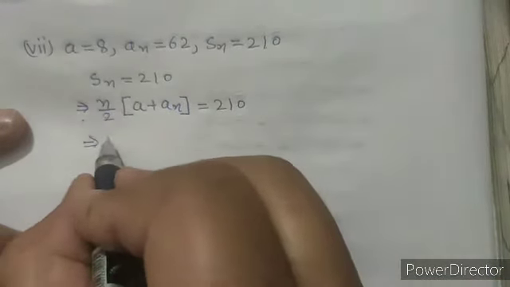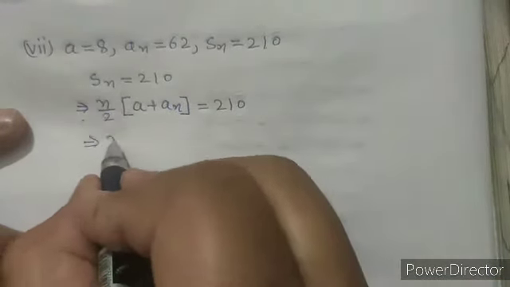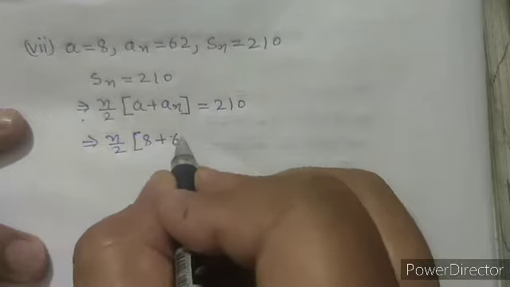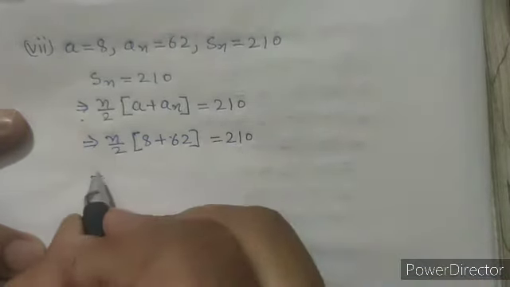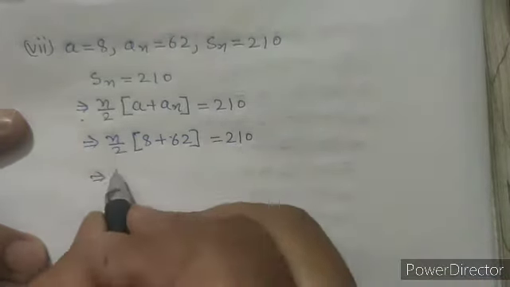Now n upon 2 (a, which was given to us as 8, plus an, which was 62), is equal to 210, and this will give us the value of n as 6.